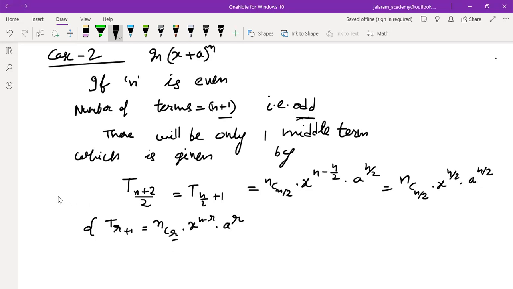So the middlemost term is only one, which is given by nC(n by 2) into x to the power n by 2 into a to the power n by 2. Now we will discuss an example also to solve these types of questions.